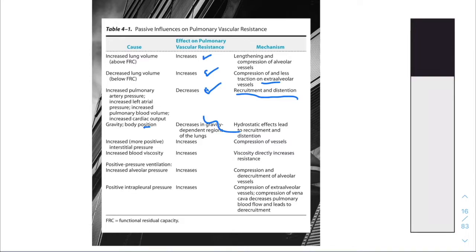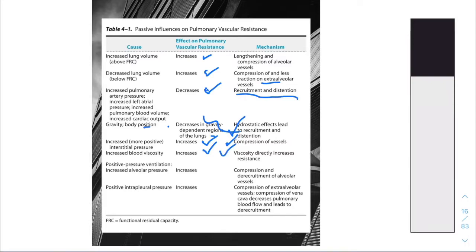Gravity also has an effect on your pulmonary vascular resistance, which decreases in gravity-dependent regions of the lung. Hydrostatic effects lead to recruitment and distension, and increased or more positive interstitial pressure increases your PVR because of compression of your vessels. Increased viscosity increases PVR.